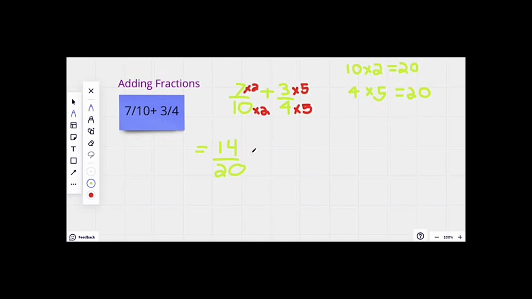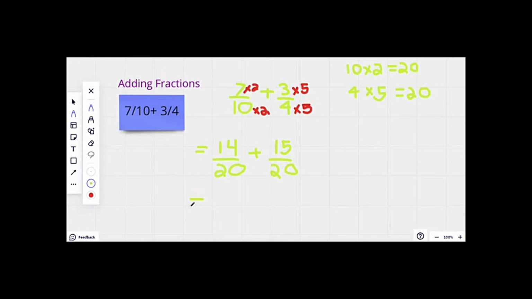Okay, and we keep our little add sign. 3 times 5 is 15. And 4 times 5 is 20. Okay, so now we have our common denominator. Since we have the same denominator, we are ready to add.